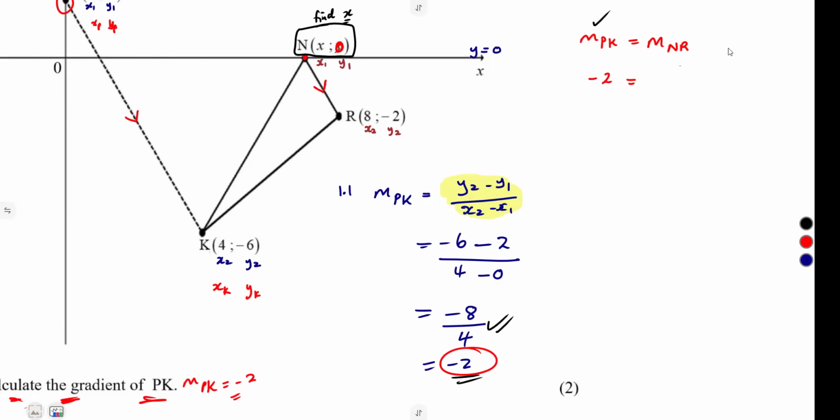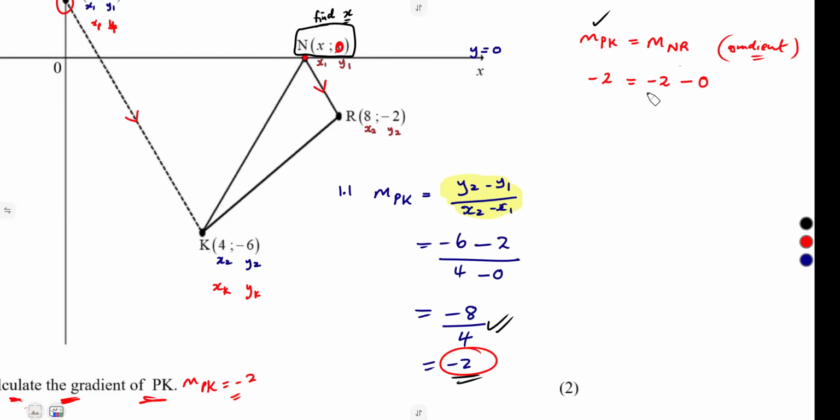Remember, we are talking about gradient. So that's y2, which is -2. For the line NR, y2 is -2, minus y1. Y1 is 0. Instead of writing y there, you know that the y value for point N is 0, on the x-axis.